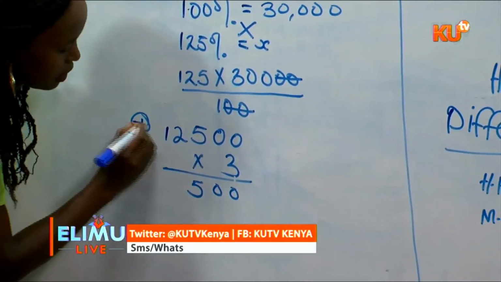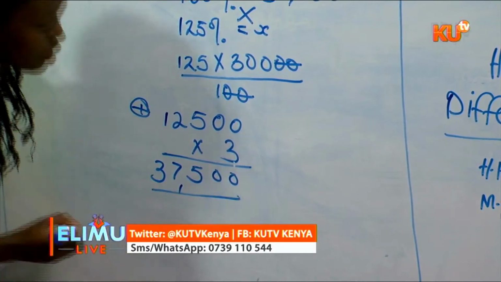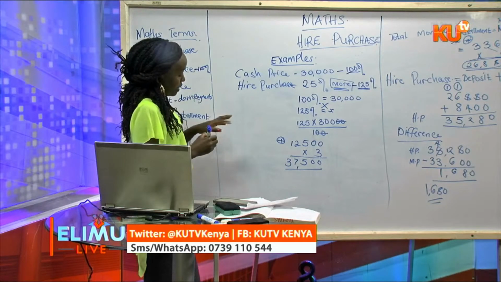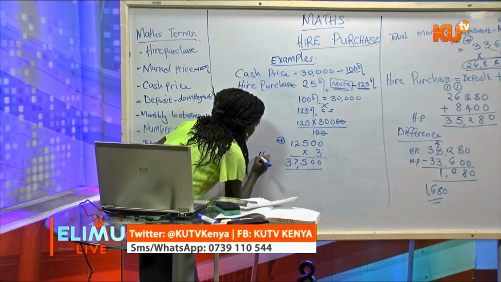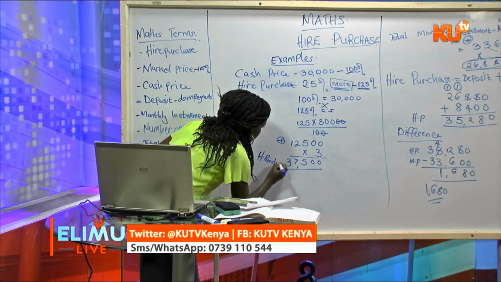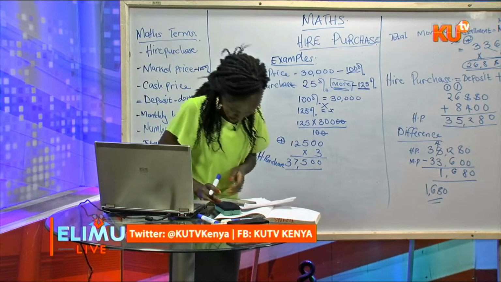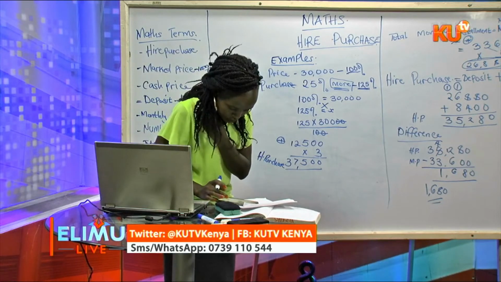This is 6, 7, and then 3. We get 37,500. Now that 37,500 is the amount for the hire purchase. The hire purchase price was now 37,500. We continue with our question.